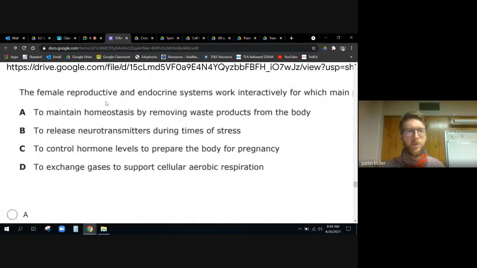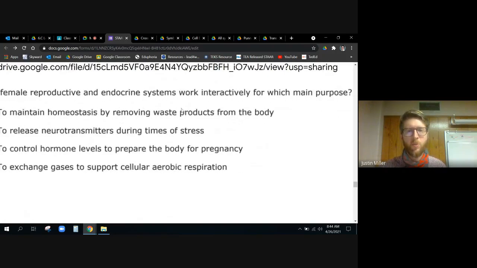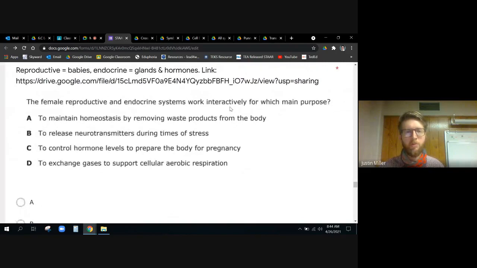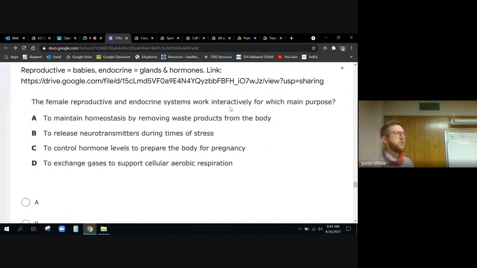Okay, the female reproductive and endocrine systems work interactively for which main purpose? Okay, so this one should be incredibly easy because we know reproductive system. What are we talking about? We're talking about making babies, right? So there's only one answer choice that mentions making babies.